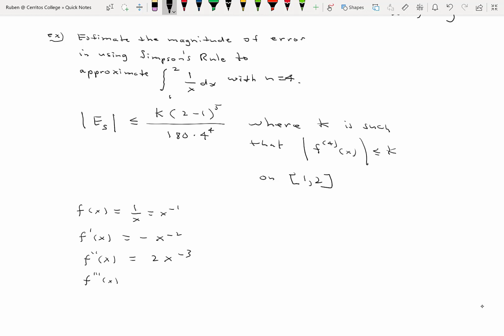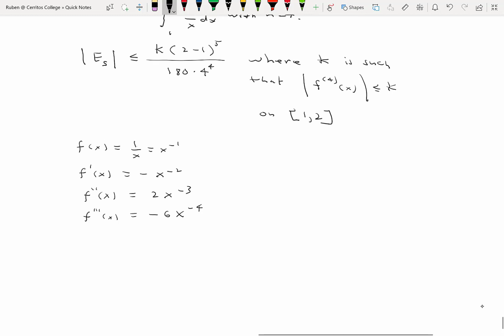The third derivative is minus 6x to the minus 4th. And finally, the 4th derivative. We put the order of derivative in parentheses in Arabic numerals after the f. So it's 24x to the minus 5, or 24 over x to the 5th.